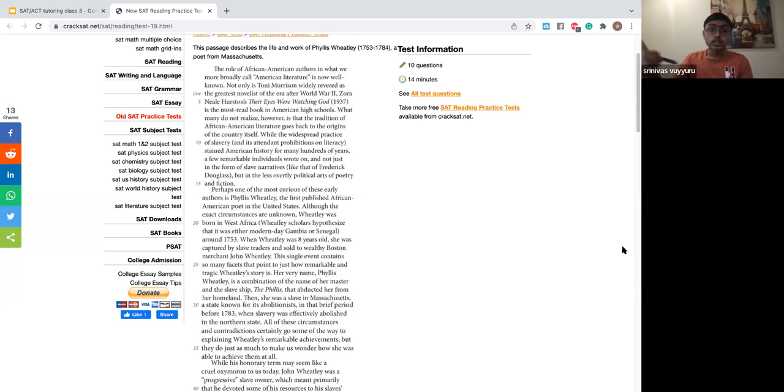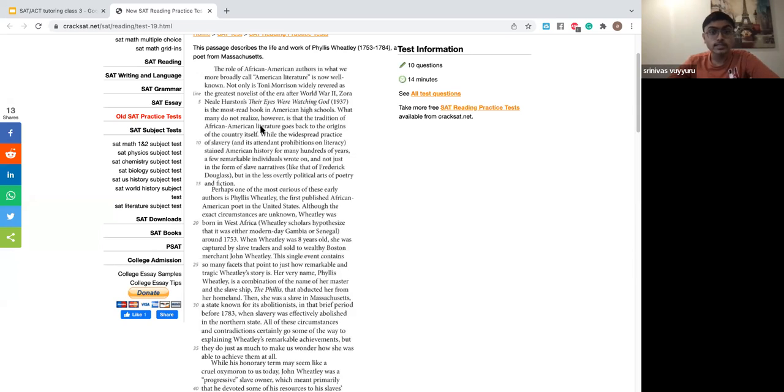All right, so I'll start going over this. The role of African American authors in what we broadly call American literature is now well known. Not only is Toni Morrison widely revered as the greatest novelist of the era after World War II, Zora Neale Hurston's "Their Eyes Were Watching God" in 1937 is the most read book in American high schools.